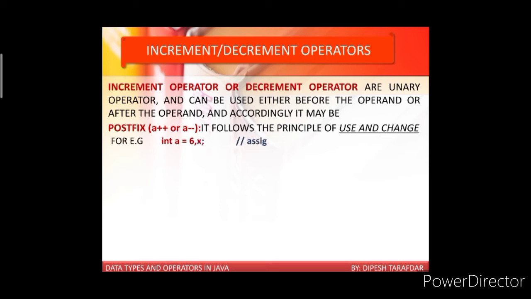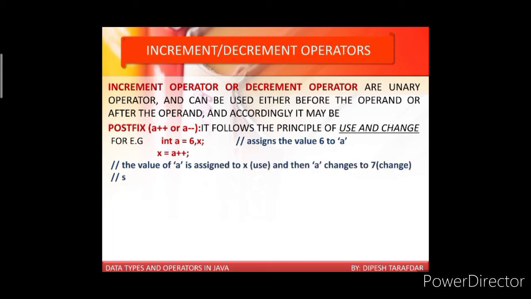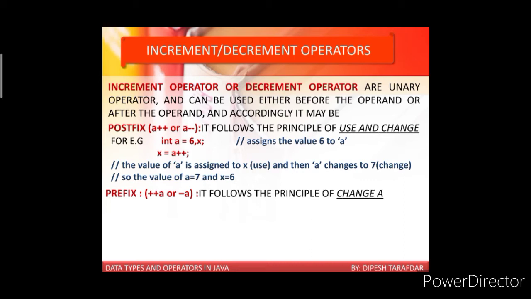So as the increment or decrement operators are unary operators, you can use them before the operand or you can use them after the operand. If you are using it after the operand, we call it postfix, like a++ or a--. Now this postfix operator follows the principle of use and change. Use the value and then change the value, that is change or update the value of a.